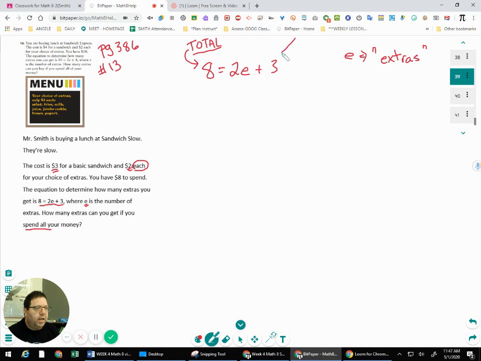Now, no matter what, there's always this concept of a constant. This number, a number not attached to a variable, this is by itself. That's called the constant because it doesn't change, okay?